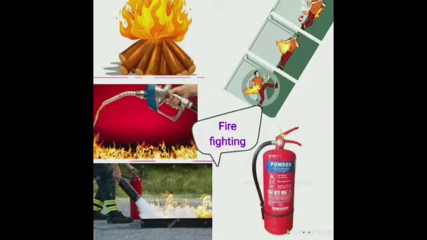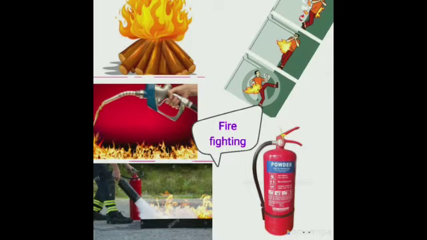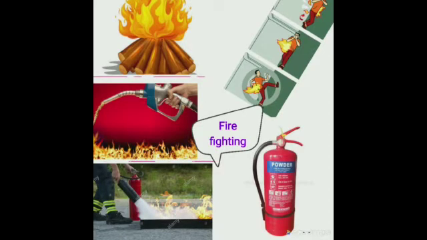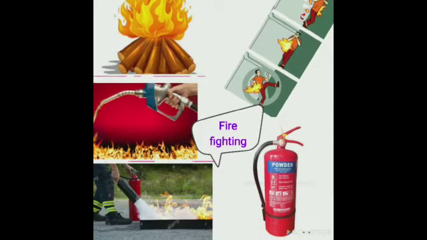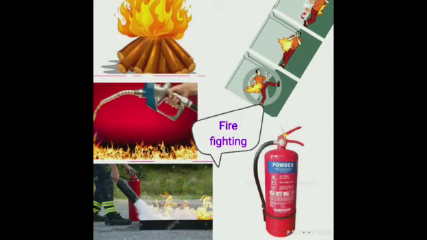Sometimes a person's clothes catch fire. Ask them to roll on the ground, or cover them with a blanket or an overcoat, then this type of fire can be put out. Then, if a fire is caused by an electric short circuit, we do not throw water on it because water may give you an electric shock.